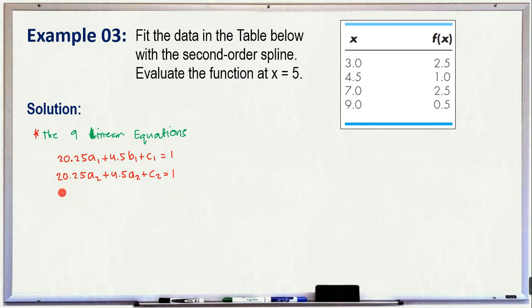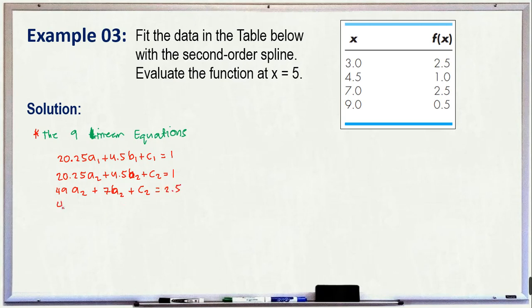How about the third? What is the third, class? So, 49 a sub 2 plus 7 b sub 2 plus c sub 2 equals 2.5.